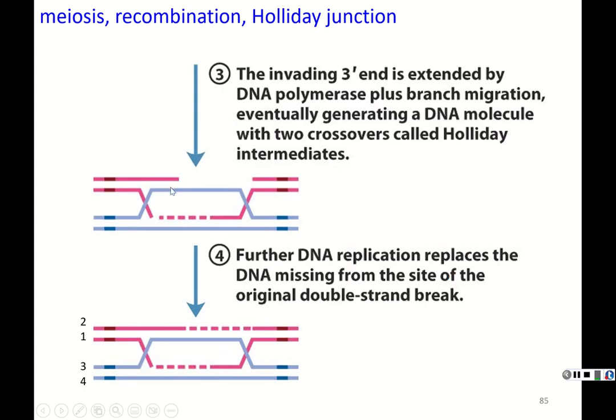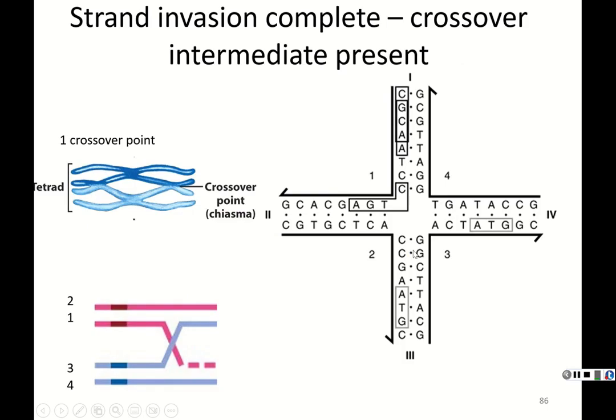Okay, and when you do that, then a polymerase adds that DNA back in. So you're kind of going through DNA replication again, very similar process to fill in those gaps, and you have these crossover points or Holliday junctions.